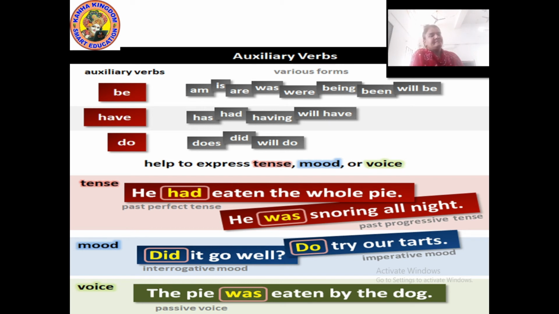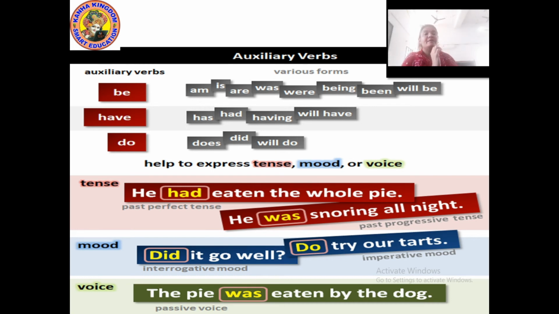Next is voice. Active voice, passive voice. But here every time it will tell us the passive voice. The pie was eaten by the dog. When the word by comes, it means it is in the passive voice. Here the auxiliary verb is was.